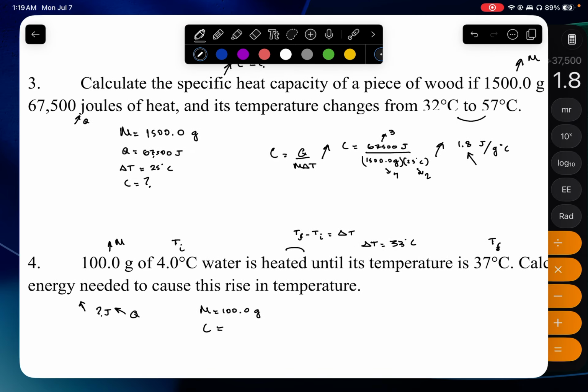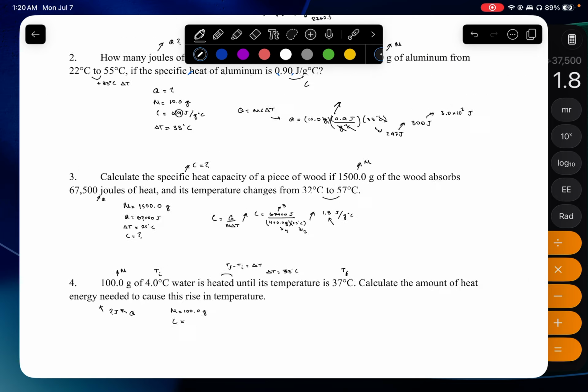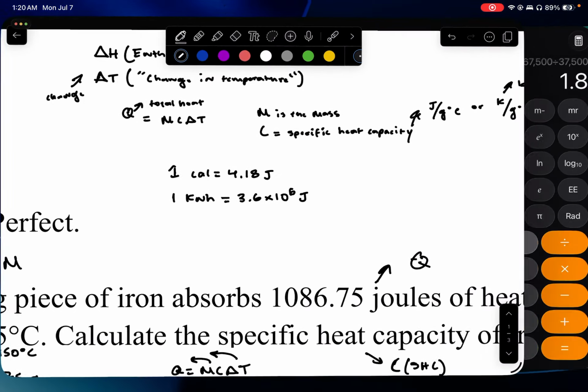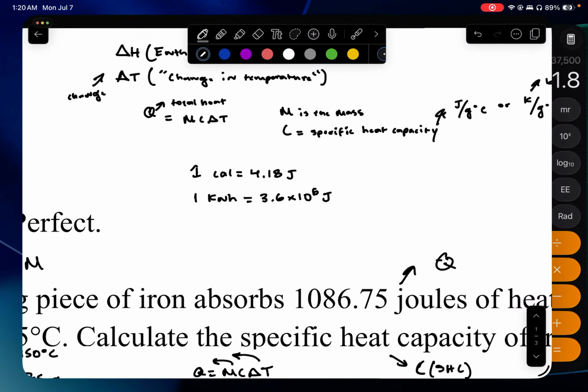So this is where our knowledge comes in. As we previously discussed, the specific heat capacity of water is 4.18. Oh, we did not discuss this. Okay. So an easier way to remember the specific heat capacity of water is that you can just use the calorie to joule conversion, which is 4.18.